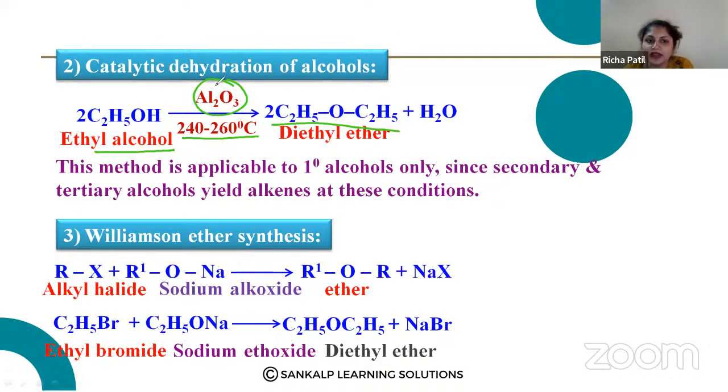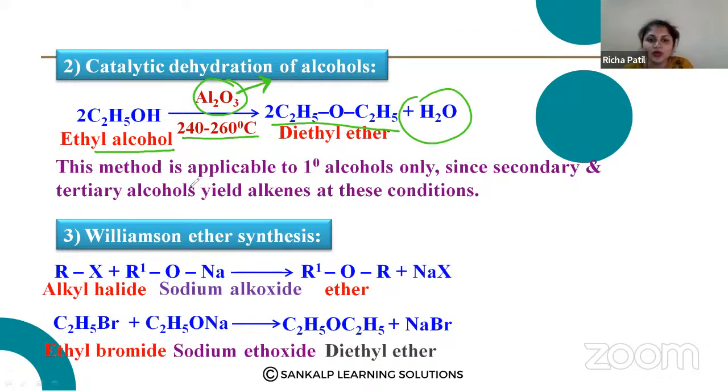Here it is a catalytic dehydration. What do you mean by catalytic? Aluminum oxide is used as a catalyst to speed up the reaction, and it also acts as a dehydrating agent, removing the water molecule. You can see the water molecule is eliminated.